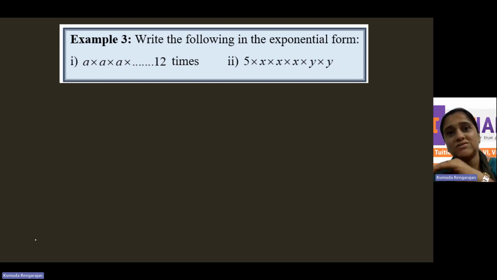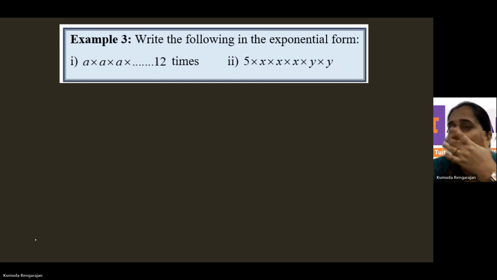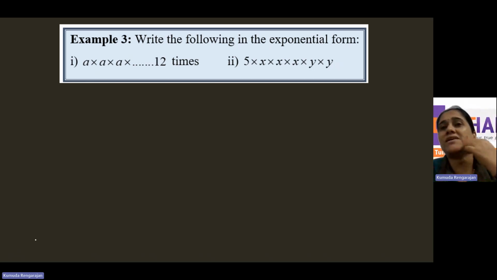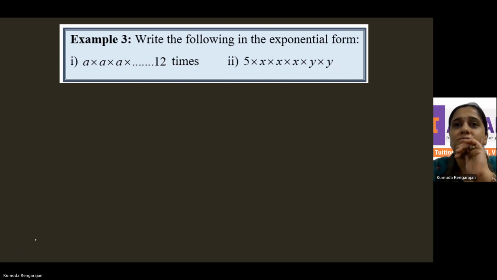Now, like repeated addition is multiplication, repeated multiplication is written in the exponential form. When do we have the necessity of using the exponential form? How do I know I should use the exponential form? It'll either be given in the question or you can figure it out yourself. If you see repeated multiplication, that is 5 multiplied with itself.